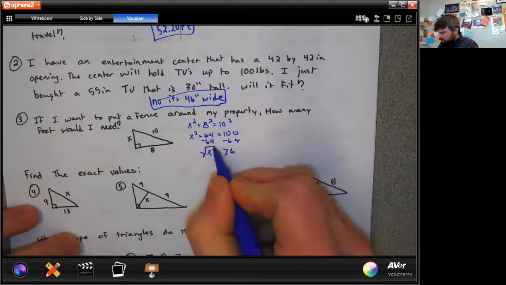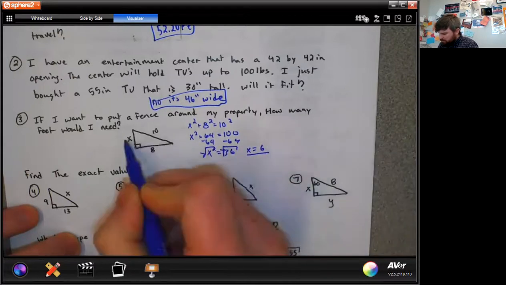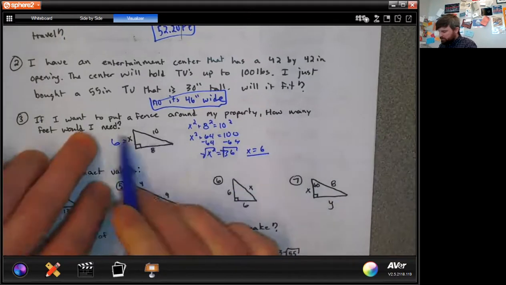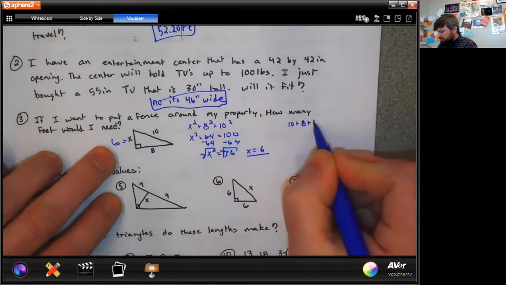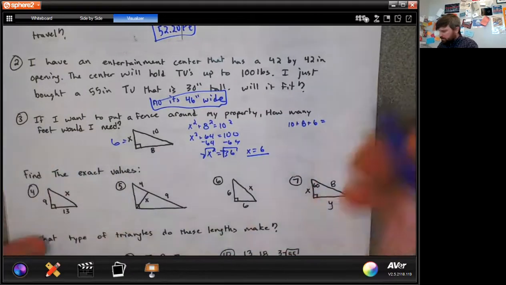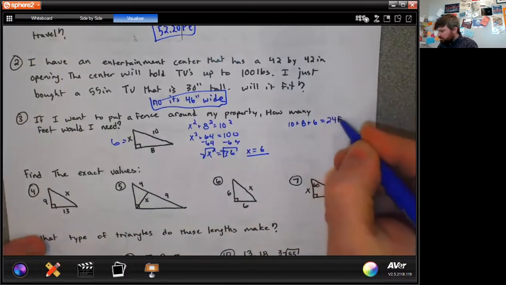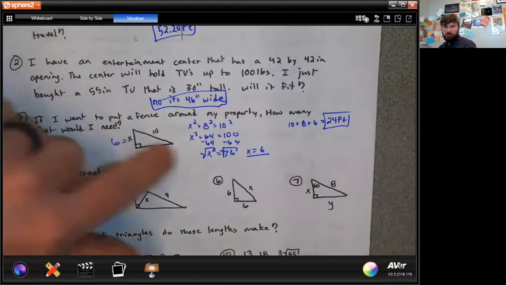Take the square root, and the square root of 36 is 6. So this is 6, but I still need the perimeter. So you have 10 plus 8 plus 6, which is 24 feet. You'll need 24 feet of fencing to go around that perimeter.